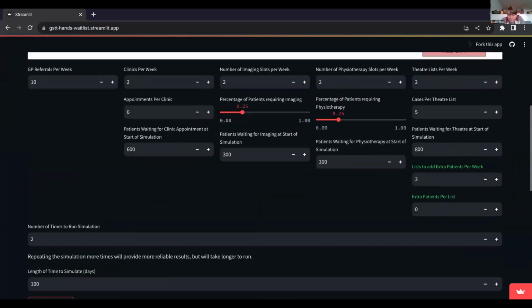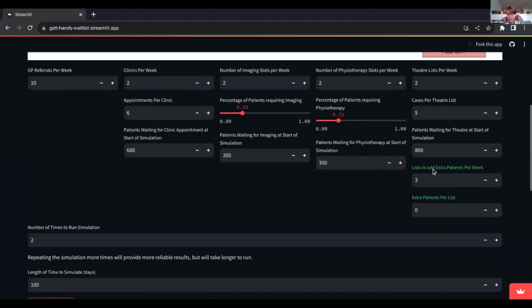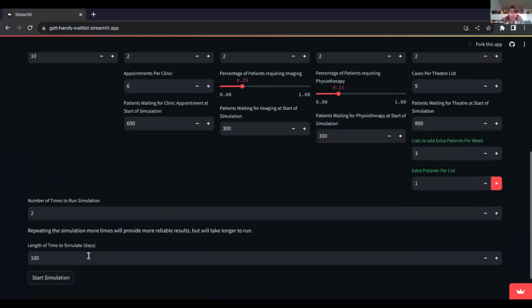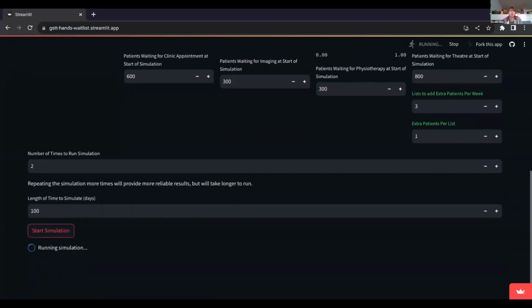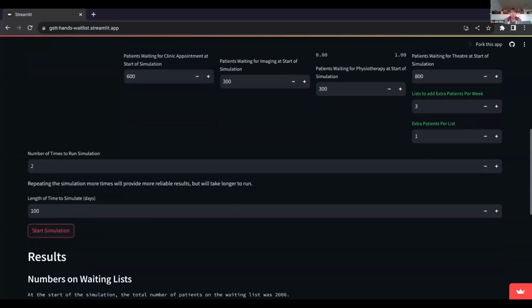So then it's very easy for us to say, right, well, if we could go, let's say, 3 times a week and squeeze one extra patient onto this emergency list, so take one elective patient and just book them on at the end of the list if there's capacity, what would the impact be, everything else being equal?